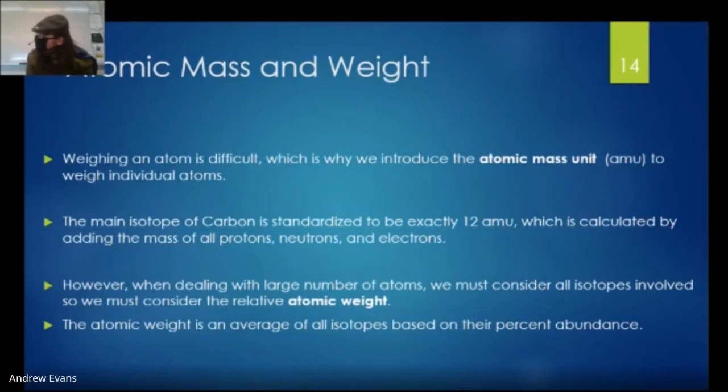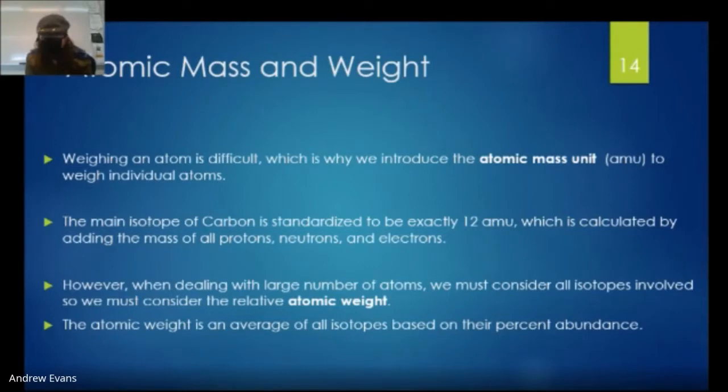You notice we defined carbon's main isotope as 12. But if you look at the periodic table, carbon is given as 12.01. If you look at some atoms like chlorine, we get 35.45.